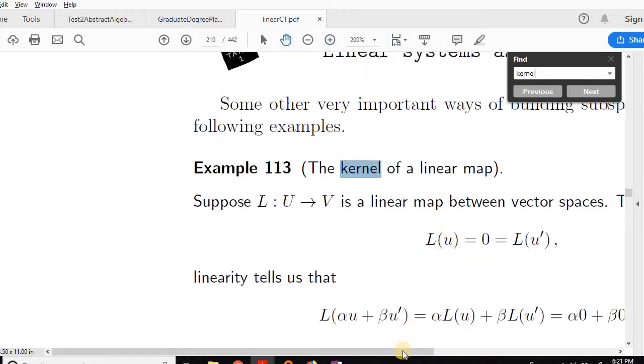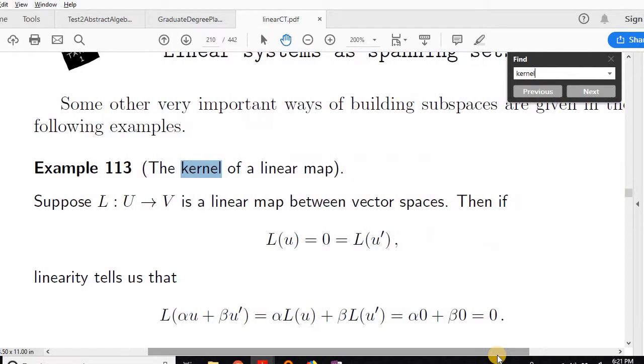The u and the u prime, right? Here you're saying LU equals 0. It's a homogeneous equation. If this were a matrix, we'd just say L times U equals 0. That's the same situation we just had. We had M times X equals 0. So it really is the very same thing.